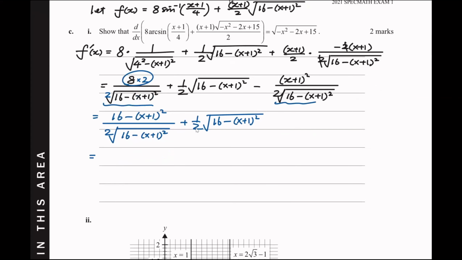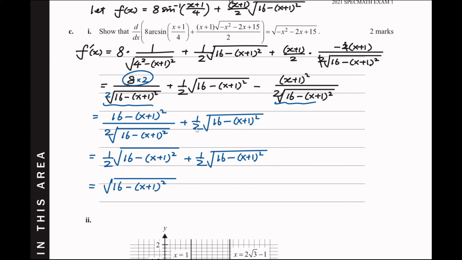And that is much easier because now the first term just simplifies to half root 16 minus (x plus 1) squared. The second term is the same. So half plus half, that's a whole lot of root 16 minus (x plus 1) squared. And that's exactly the right-hand side.